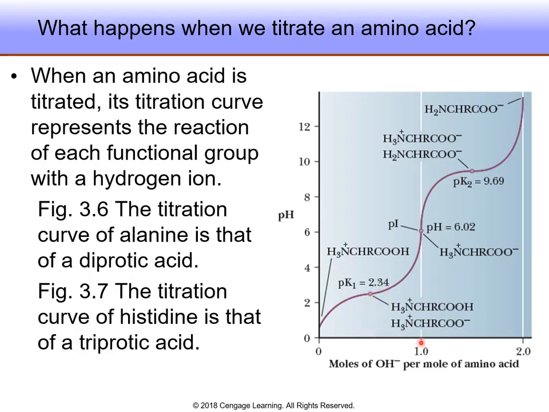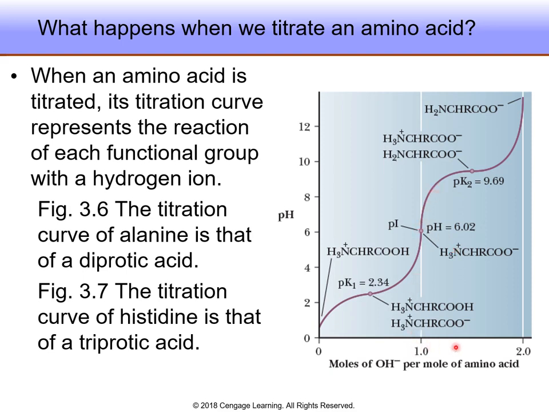Then we continue adding the second half. Now we reach the isoelectric point here, the second form. So we started with the fully protonated form, then 50-50, and then the isoelectric point. Now we have fully titrated the alpha carboxyl group. Then we titrate the alpha amino group.